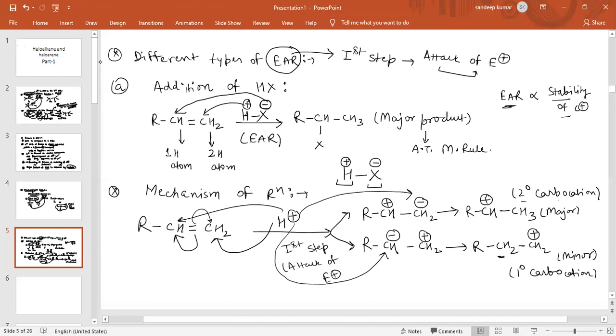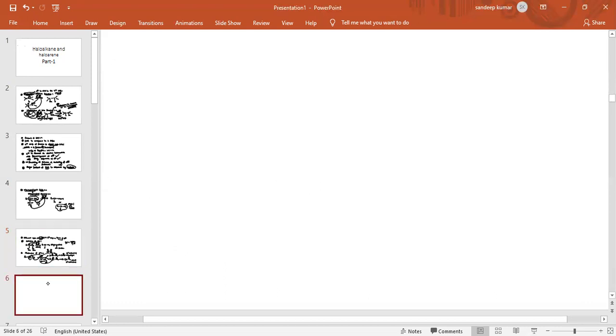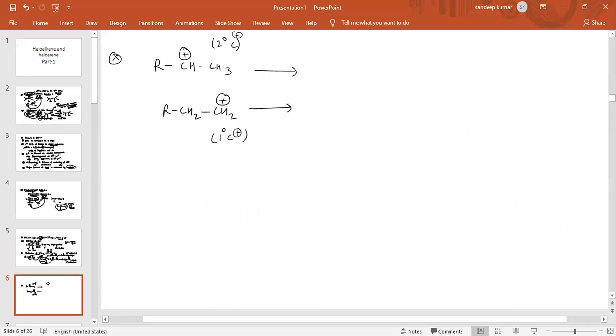In the second step, there is attack of nucleophile. One of the carbocations obtained is RCH positive and CH3, and the other carbocation obtained is RCH2 CH2 positive. This is 2-degree carbocation and this is 1-degree carbocation. Now in the next step there is attack of nucleophile X minus.